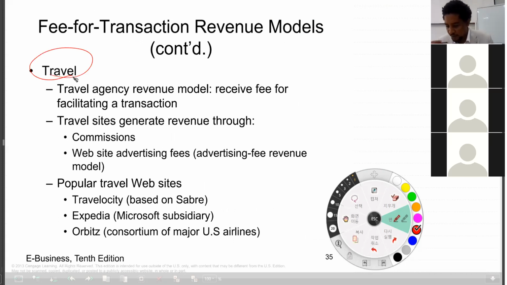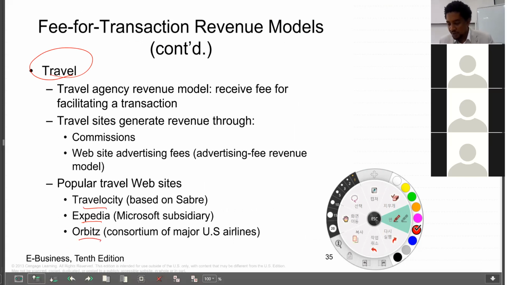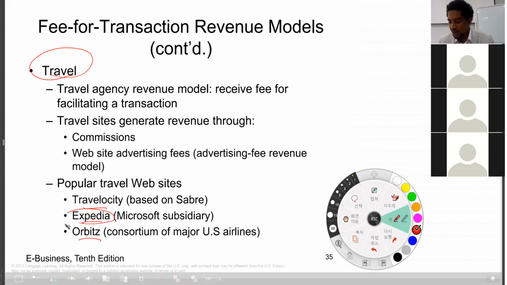It's more explanation for travel agencies, for example, Expedia, Travelocity, Orbitz. They charge based on the transaction, right? For example, if Expedia sells Korean Airlines tickets for 100 customers, then they charge Korean Airlines per customer.